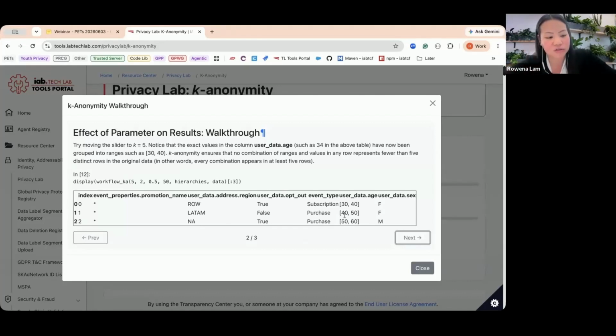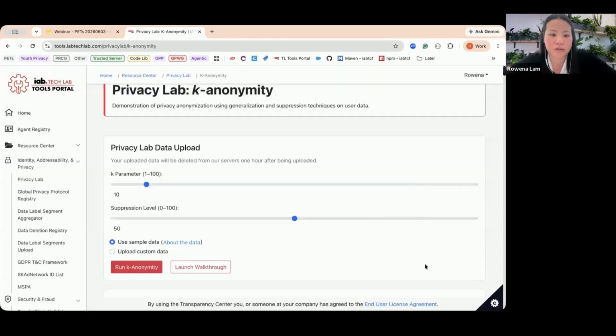Higher K means stronger privacy, more generalization, less precision. So this is where you can play with this yourself on your own data sets and see what level of K would make the most sense for your particular use case.